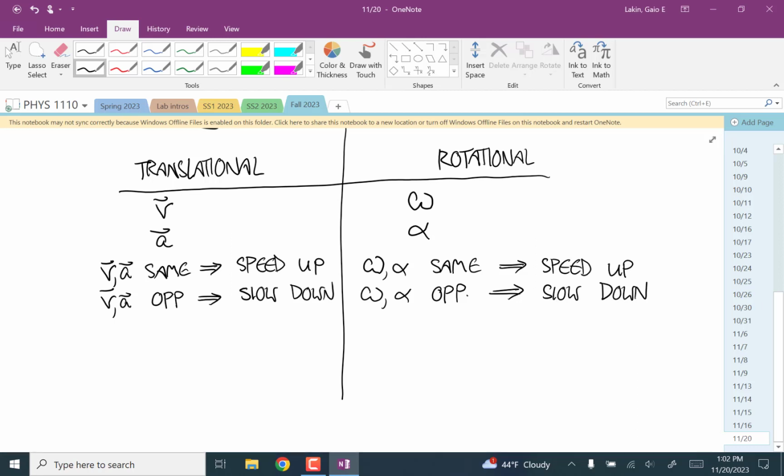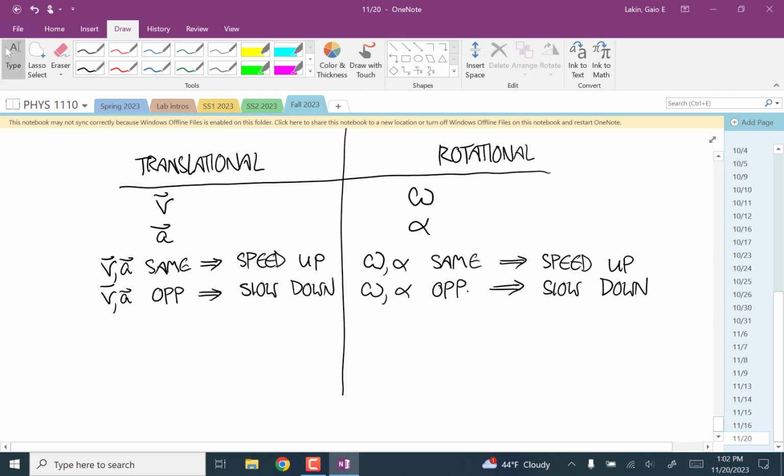And now we get to the kinetic stuff. For translational quantities, resistance to acceleration was the mass. For rotational quantities, we're going to see that resistance to angular acceleration is a quantity called the moment of inertia, or the mass moment of inertia.